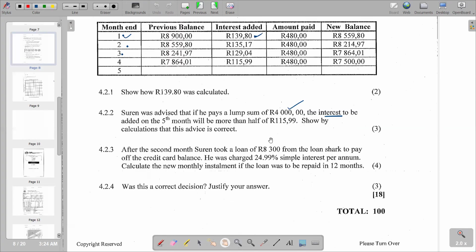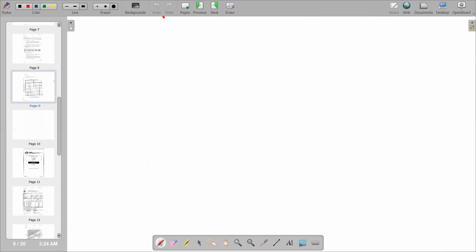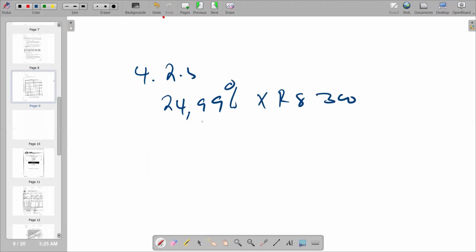Then we can get the monthly installment. So on our answer section, this is going to be our 4.2.3, whereby we are saying 24.99% as the interest times the amount, which is 8,300 rands. And then if you multiply it like that, the answer that you're supposed to get is 2,074.17.